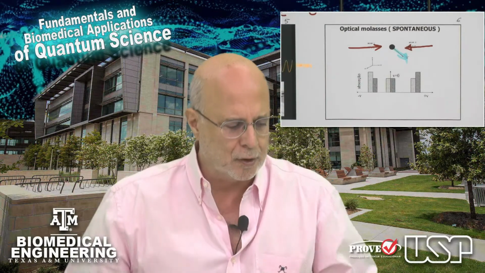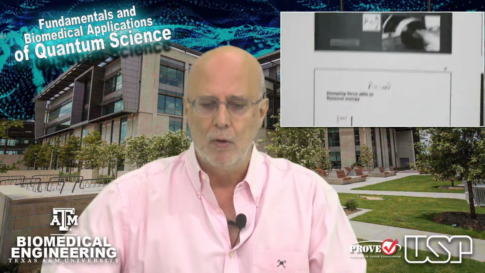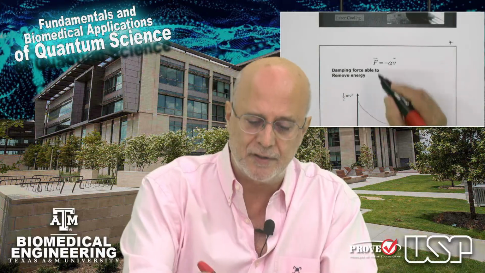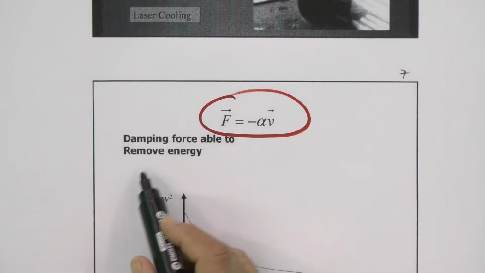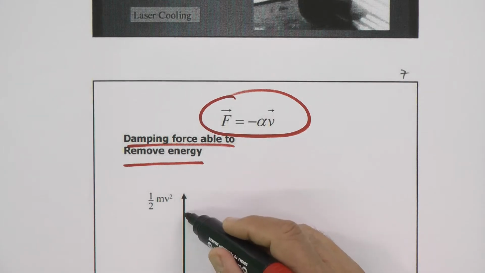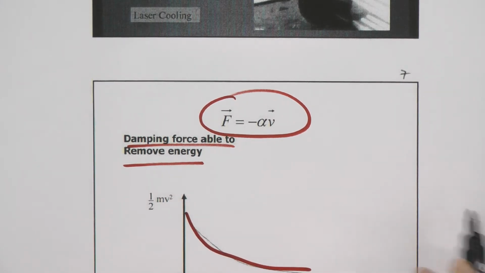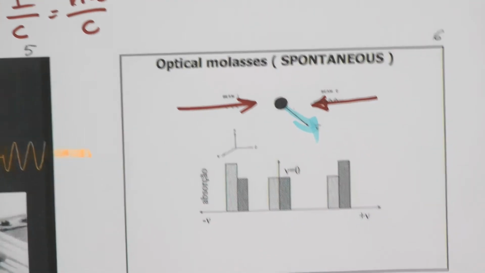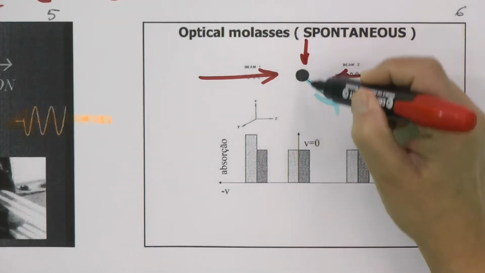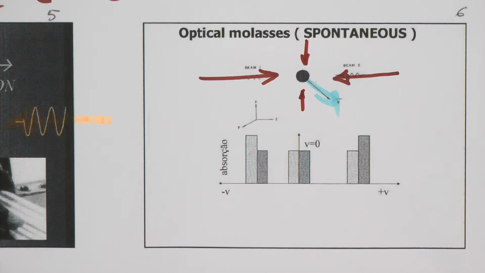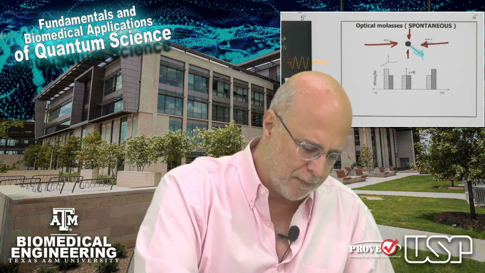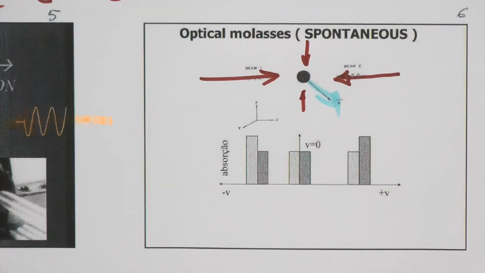So what Steven Chu demonstrated was that you were able to make a viscous force, a damping force for the atoms, and then you can remove the energy efficiently. And if you put laser beams coming from many directions, actually you can produce a very efficient removal of energy from the atom.